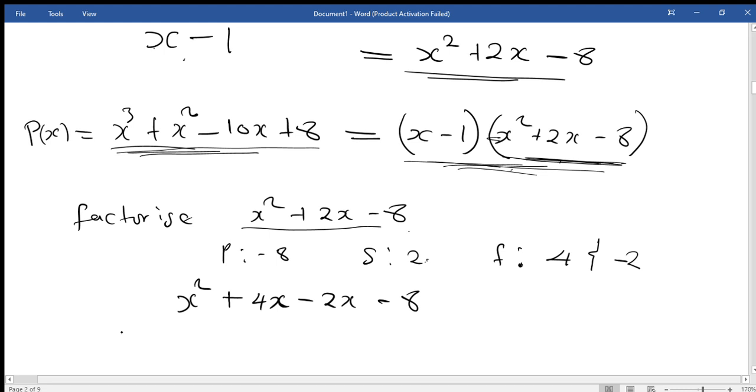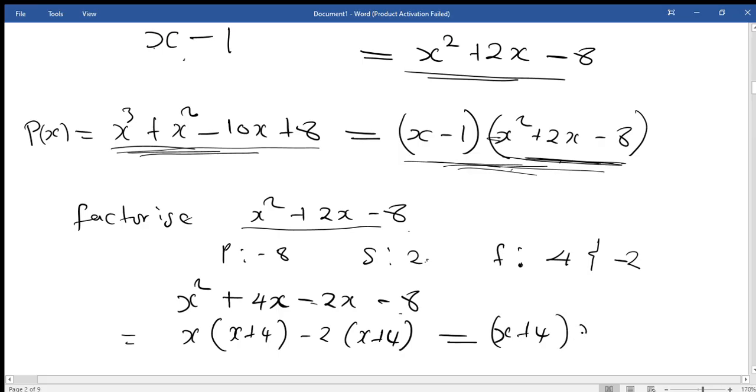So when we factorize, this becomes x, open bracket, x plus 4, negative 2, open bracket, x plus 4. So this will now lead us to x plus 4 and x minus 2. So this will be a complete factorization.